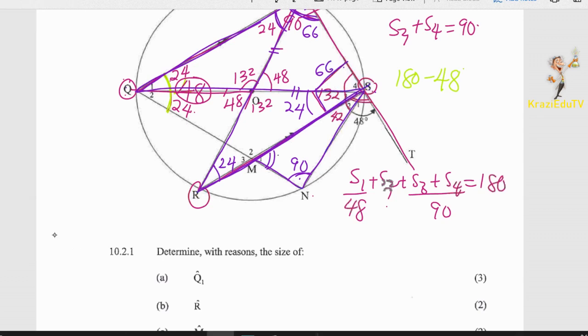I'm sure there could be another way to prove that angle as 48. So we have 48 there.